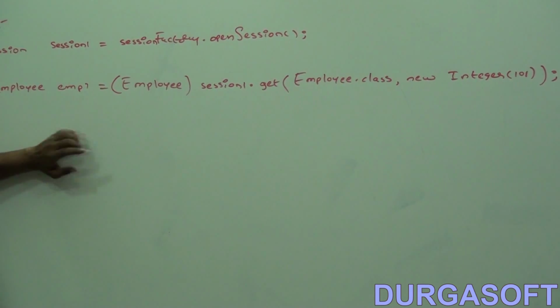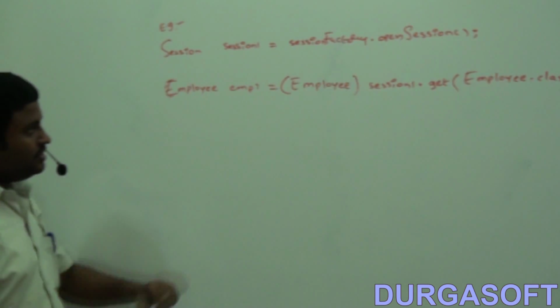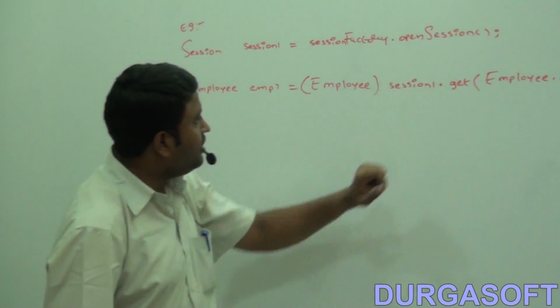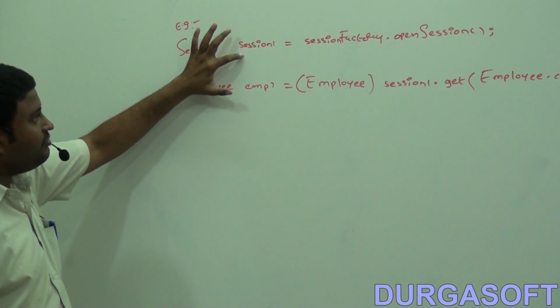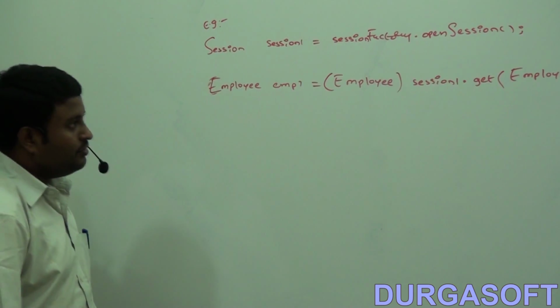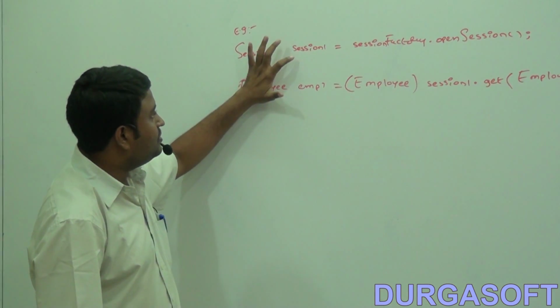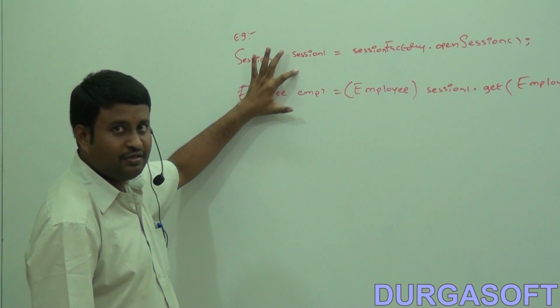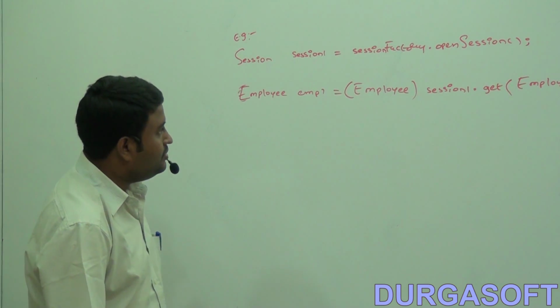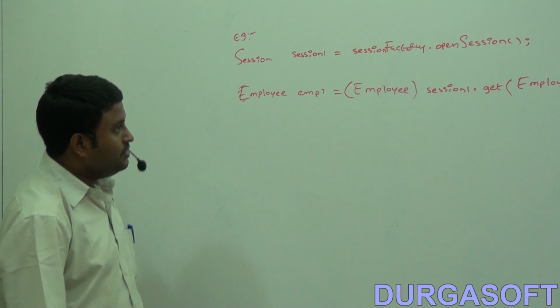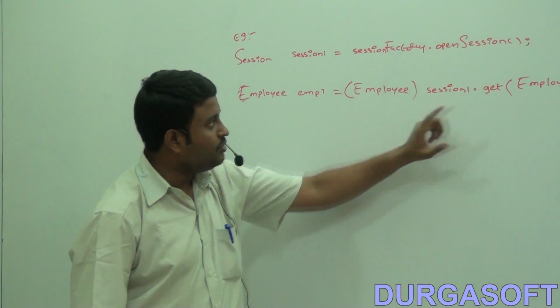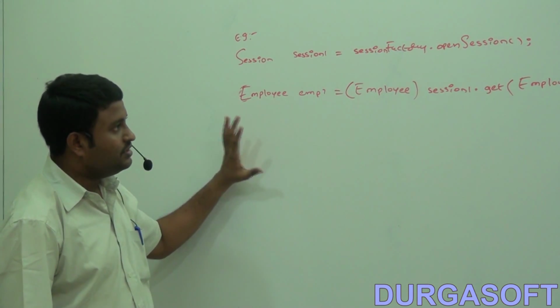In this case Hibernate first verifies whether this object is available in session1's first level cache or not. If it is not available, then Hibernate verifies whether this object is available in the global cache, that is the second level cache.